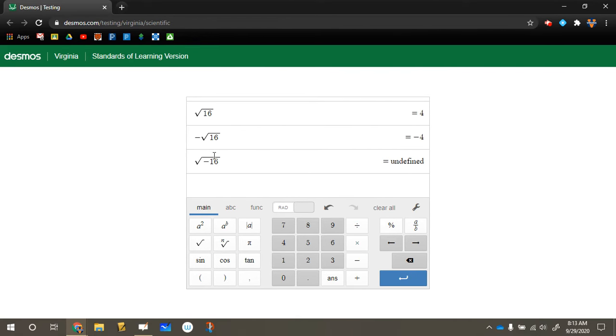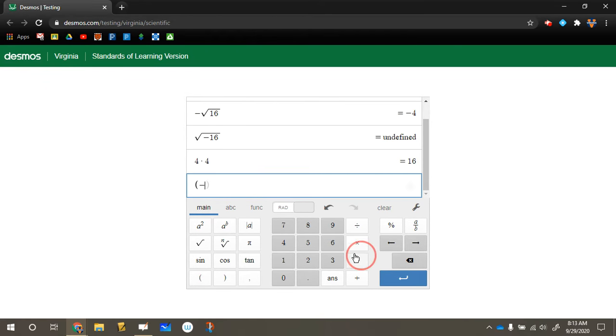This isn't anything that actually makes sense because, once again, logically think about it. 4 times 4 is 16. Negative 4, let me use parentheses, negative 4 times negative 4 is also positive 16. The only way we can get a negative 16 is if we have 4 times negative 4, but then at that point, negative 4 and 4 are not the same numbers.